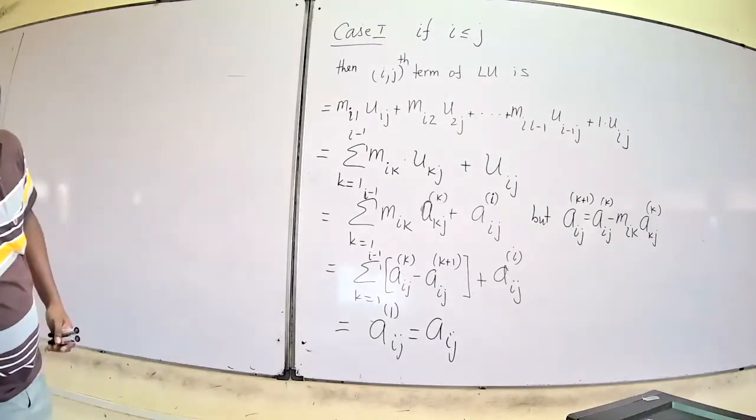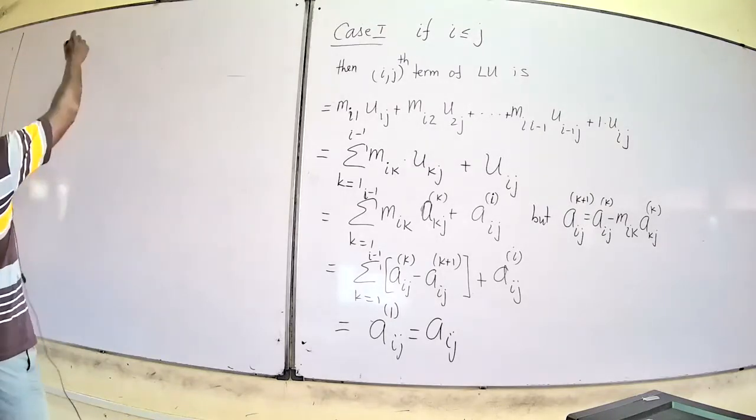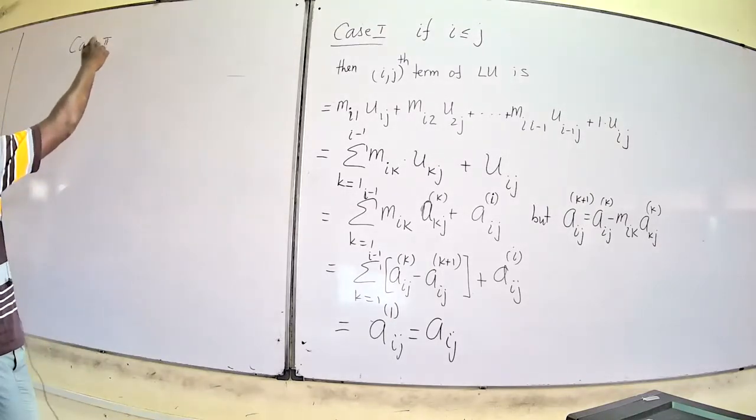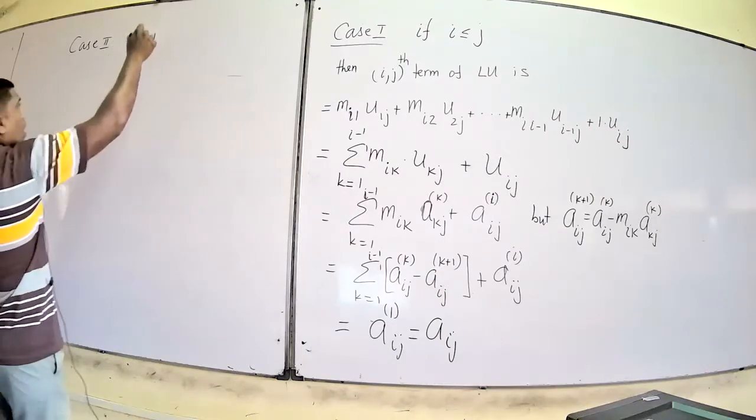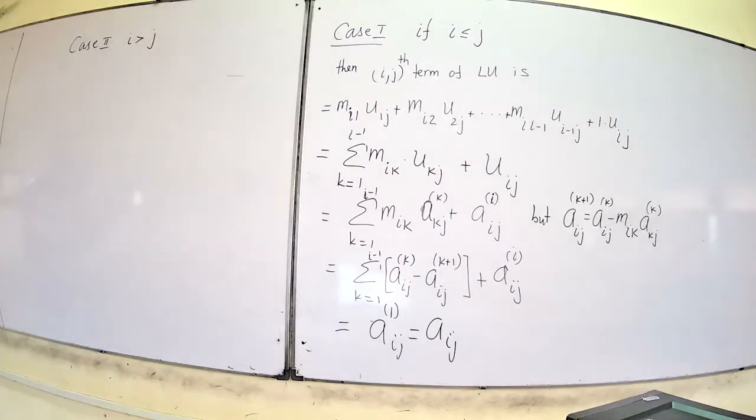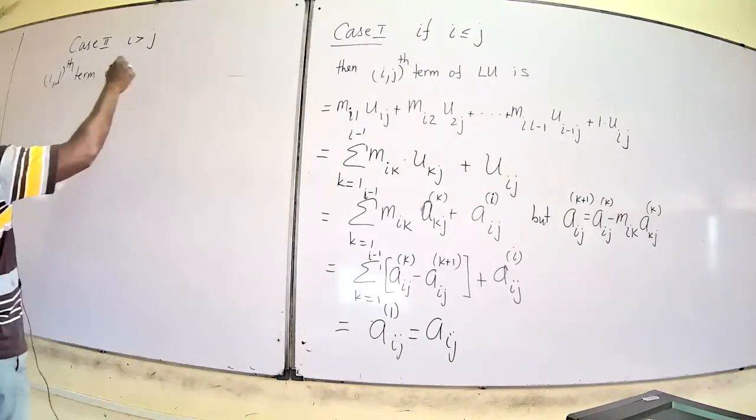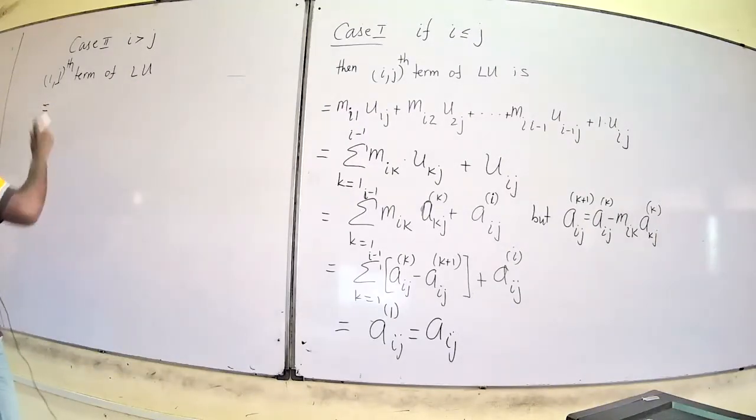Now the other case, the i greater than j case. Before you get to j, after that you have all the elements 0 on ujj.